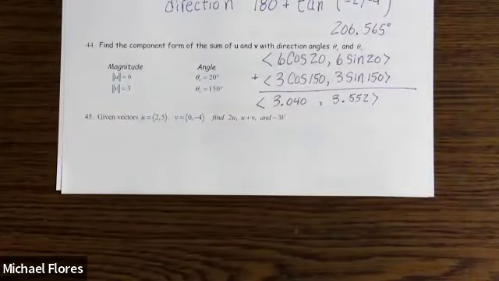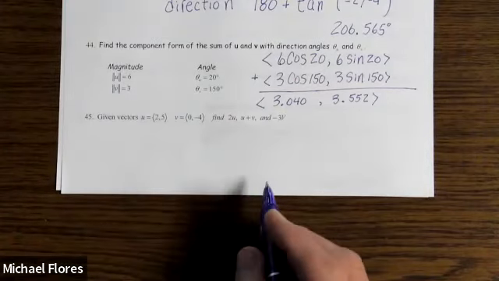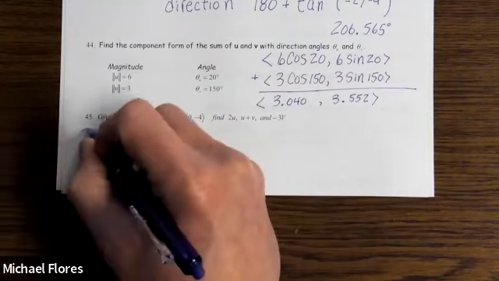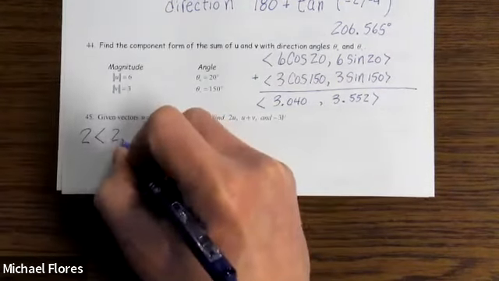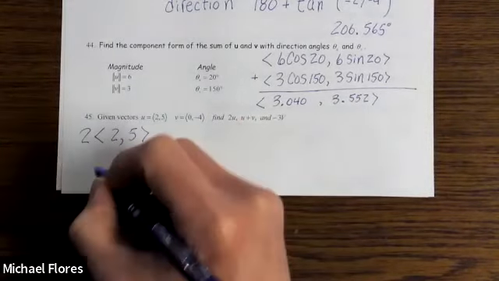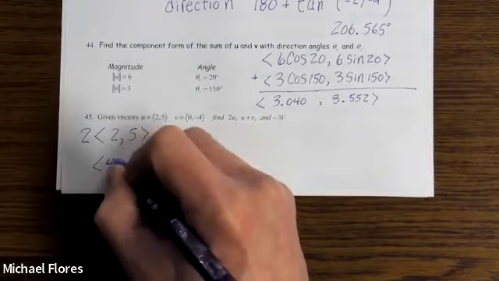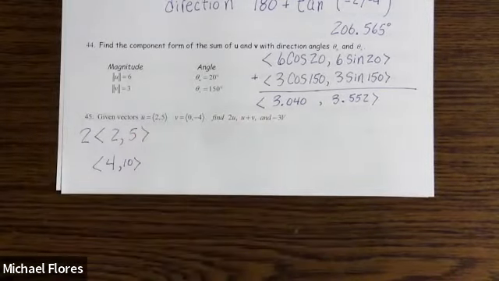And lastly, 45, given these component vectors, find 2 times vector u. So 2 times 5, these are pretty easy, just distribute. 10. That's your first answer.